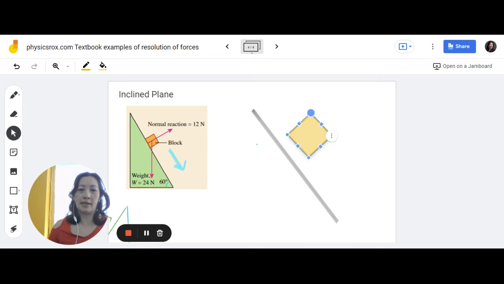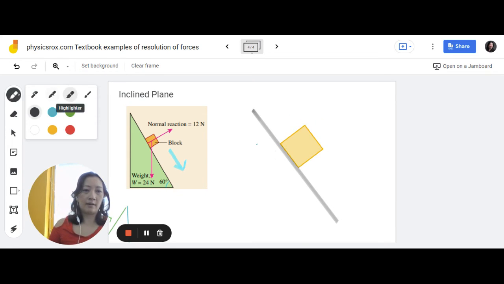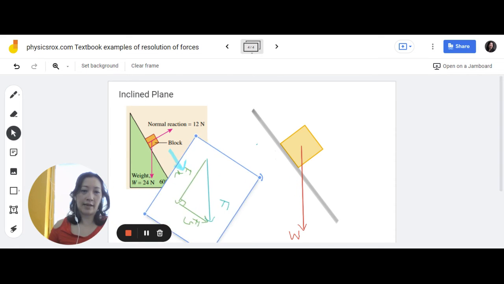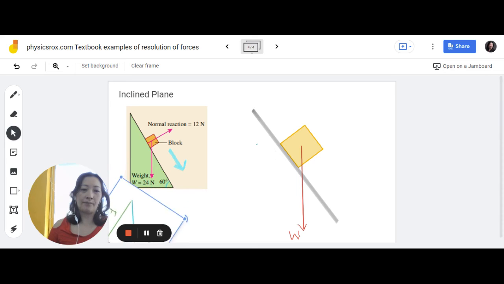And I'm going to rotate it and place it like so. Now the weight line must still be downwards. That doesn't change. But we're going to make the weight a hypotenuse, right? So kind of like this. We are going to create a triangle now.